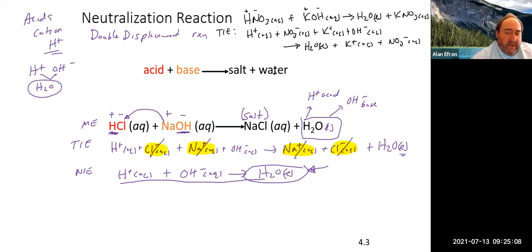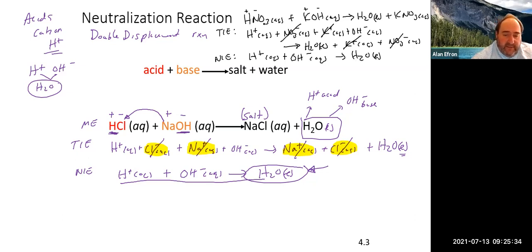Again, if we look on the left-hand side of the arrow, we have a nitrate and a nitrate, and a potassium and a potassium. Those all cancel out as spectator ions, leaving us with our net ionic equation of H plus from the acid coming together with the OH minus from the base to form water.